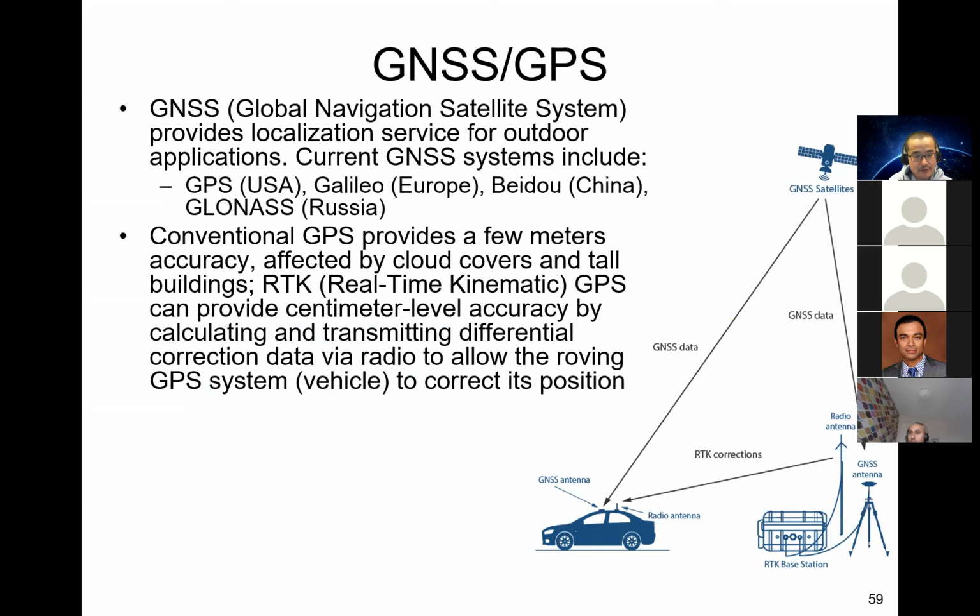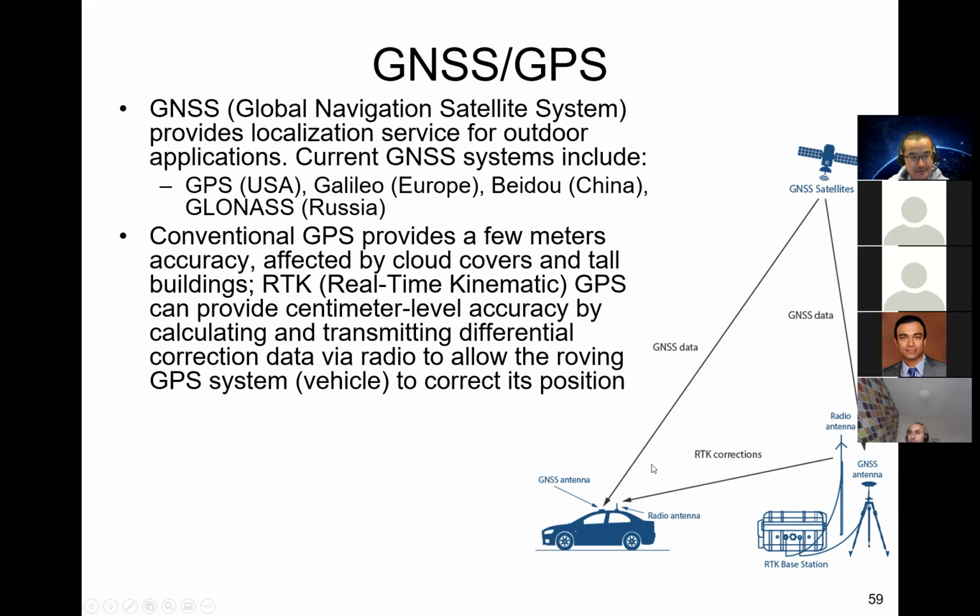So there's a real-time kinematic GPS, RTK GPS, which can provide centimeter level accuracy by calculating and transmitting differential correction data via radio to allow the roving GPS system, the vehicle, to correct its position. So a regular GPS has just the vehicle, the device, communicating with the collection of satellites to localize with triangulation.